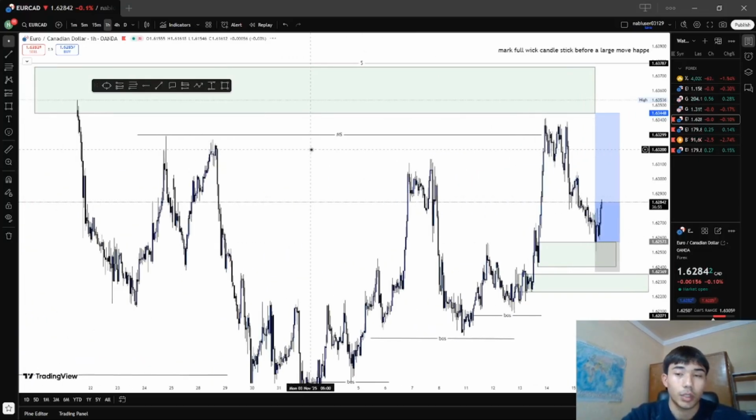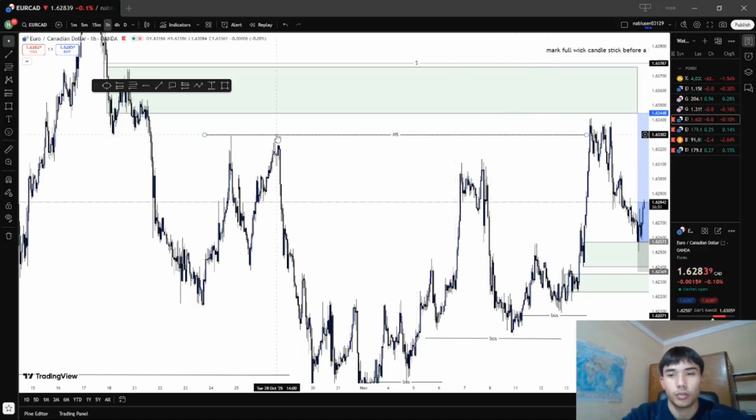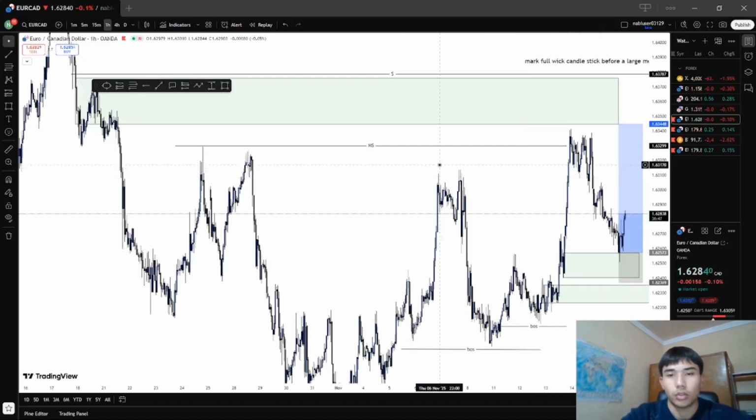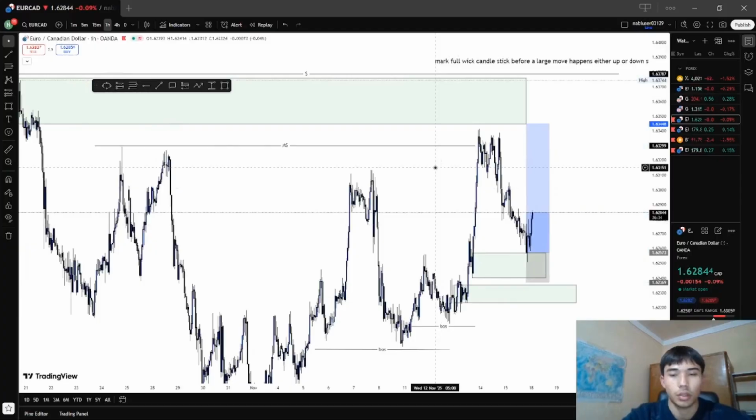with a market shift. A market shift obviously means we were in a downtrend, so we closed our market structure making higher highs, not lower highs. We made higher highs instead of lower highs, so we had a market shift.